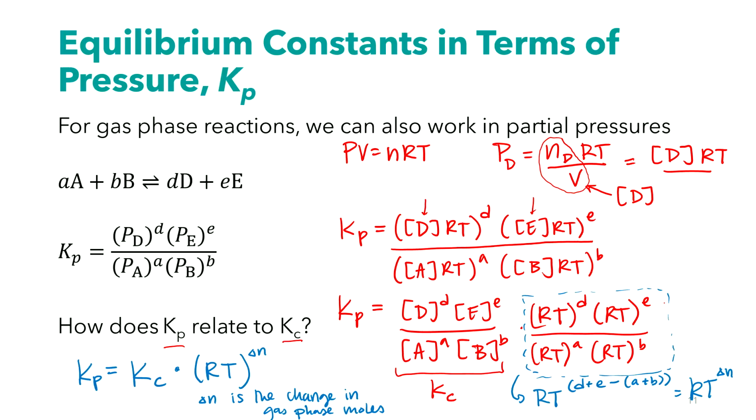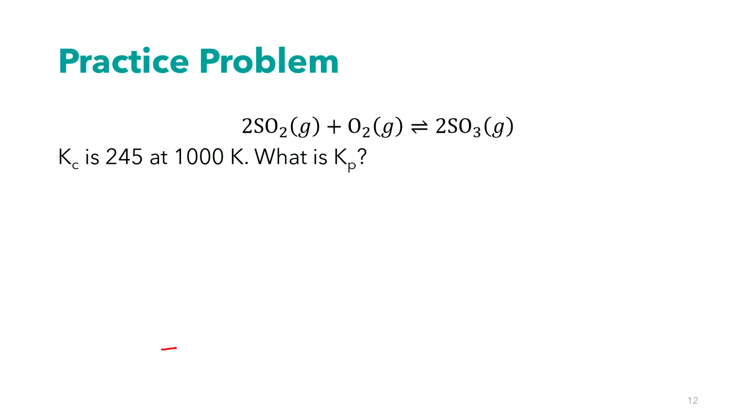All right, so what kind of question might you see like this on the exam? You might see just a straightforward conversion, okay? Hey, Kc for this reaction is 245 at 1,000 Kelvin. What is Kp?